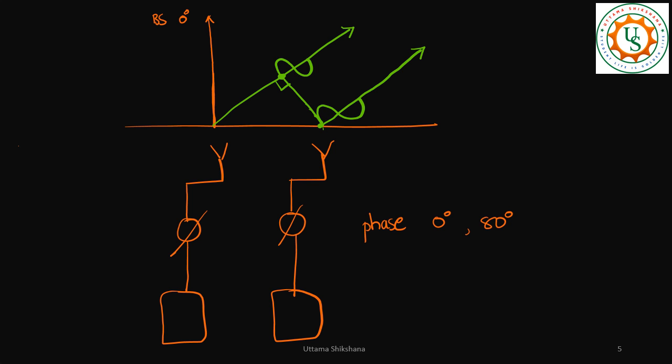Then both of them will add in phase, and the beam would be formed in this direction. Let's say this angle I am taking as theta_a. Okay. So this is 90 degree, then this will become theta_a. And usually there will be a distance between these two antennas, that I will call d.